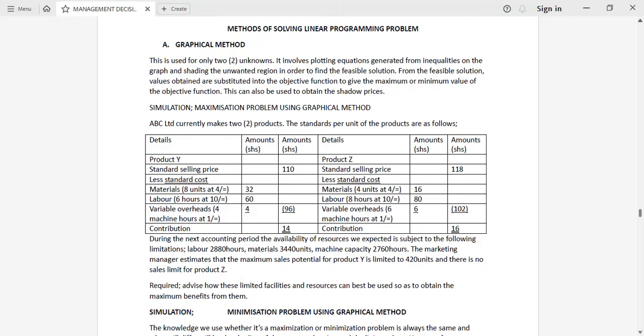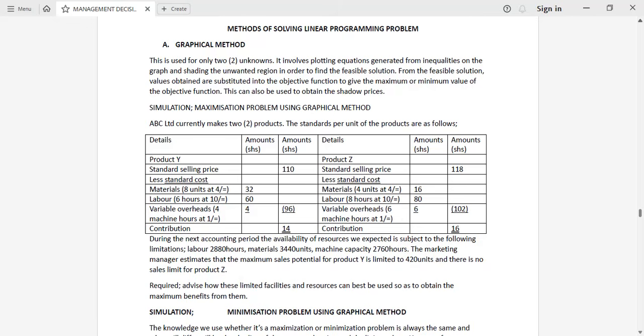And we wanted to see what we are going to do with the graphical method. We are saying that we are going to be getting equations from the inequalities. And from those equations, we will be getting values that we are going to plot on the graph.